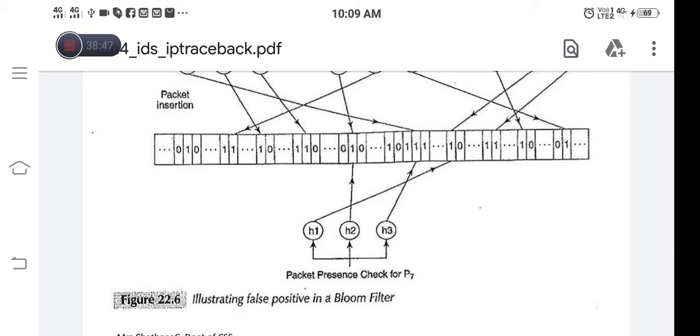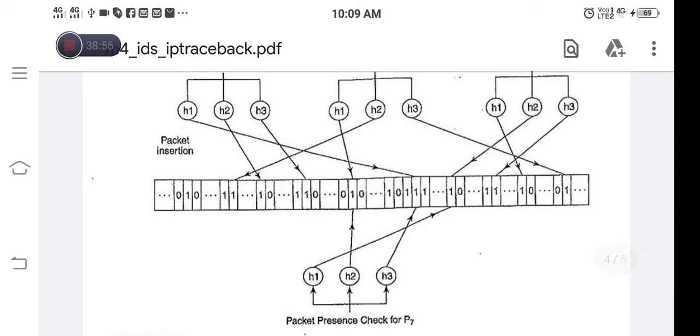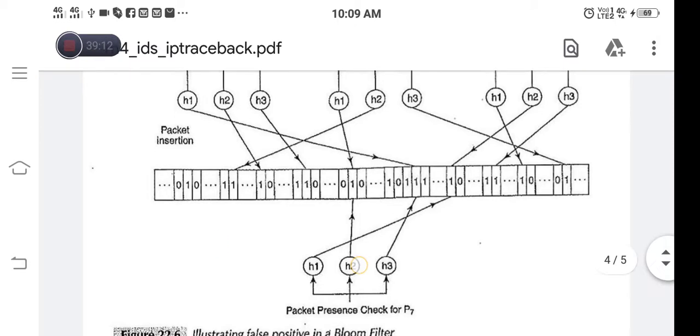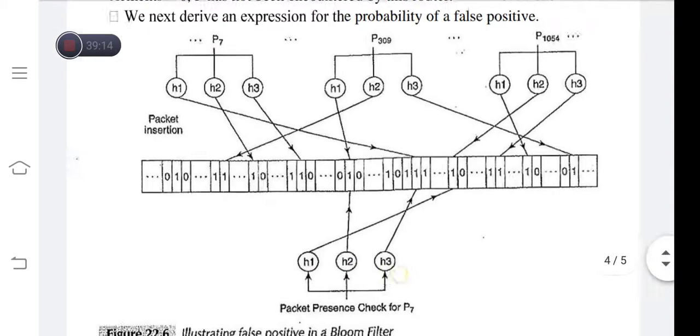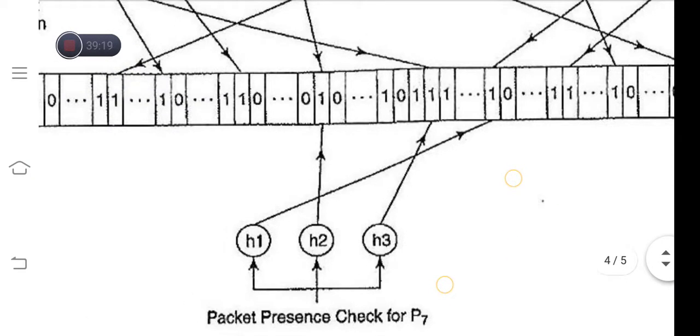So here the router has been presented with the packet P7 and is being asked whether it has encountered this packet. What will the router do? It will compute H1 on P7, H2 on P7 and H3 on P7, as we are seeing in this diagram, for the packet presence check.